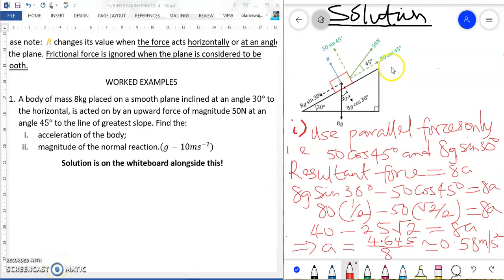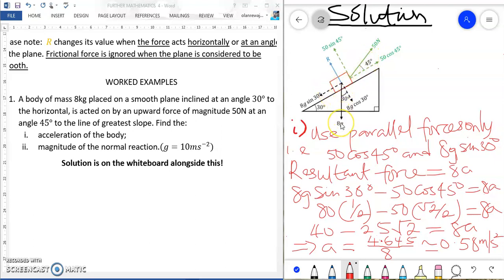Now the solution. We have a number of forces acting on this body as displayed on the diagram here. I want to quickly make emphasis on the weight of the body and as well the upward force acting on this body.